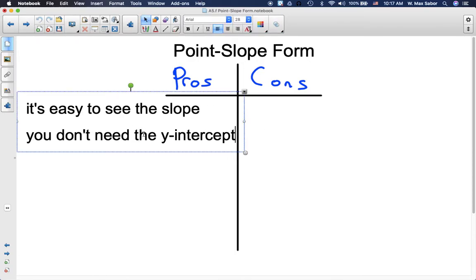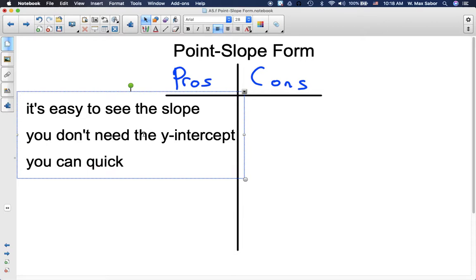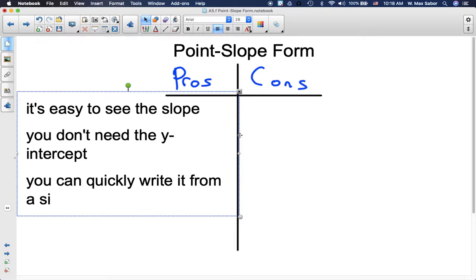Another advantage of point-slope form is you can quickly write it from a single point and a slope. Those are the advantages of point-slope form.